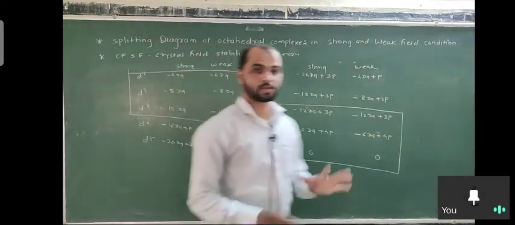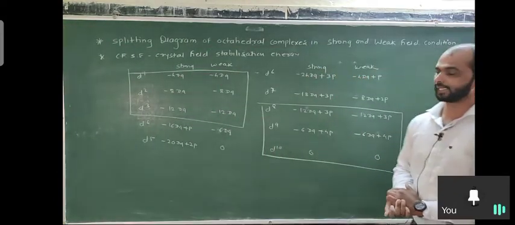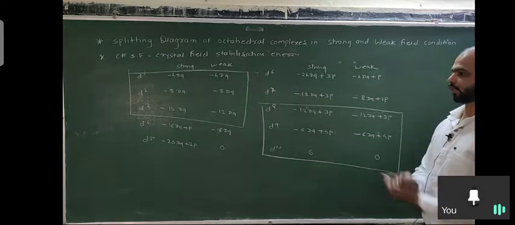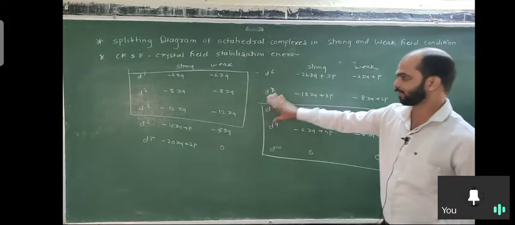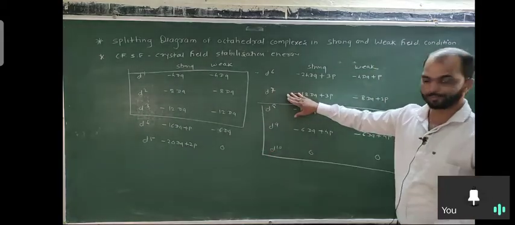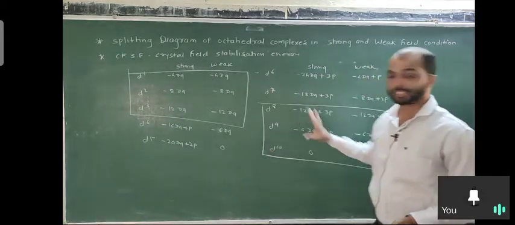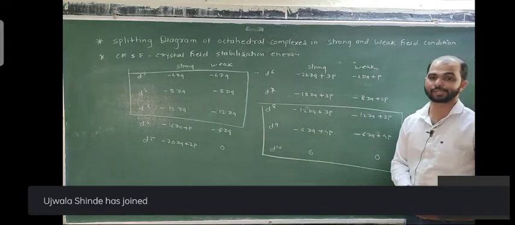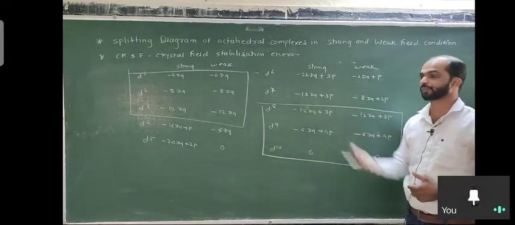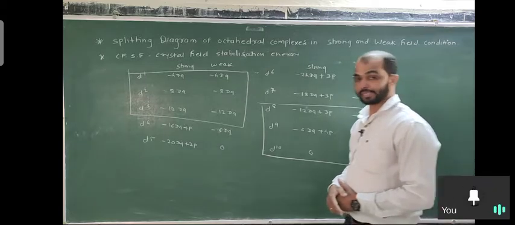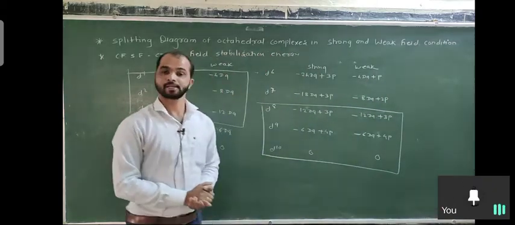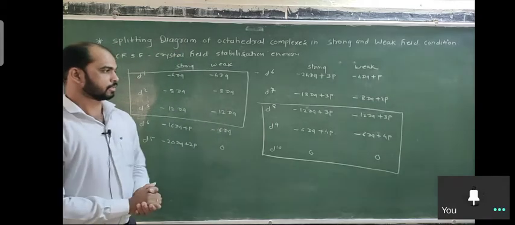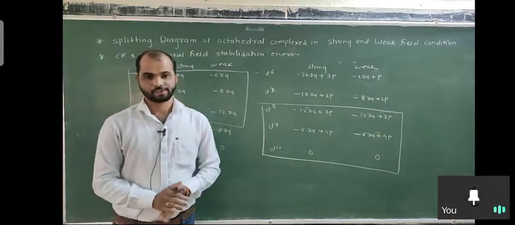So CFSE basically or mostly shows the changes from D4 to D7, 4, 5, 6 and 7, because for the others the distribution is the same, which means the same CFSE. Using this we find out a number of spectral information about the complex. We will discuss this in the next chapter. So today we stop here. Thank you.